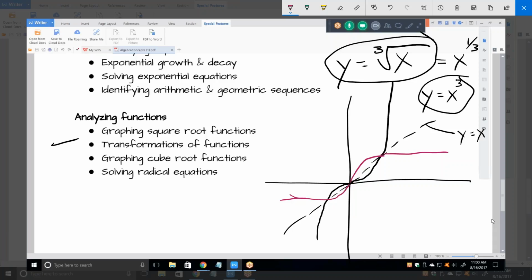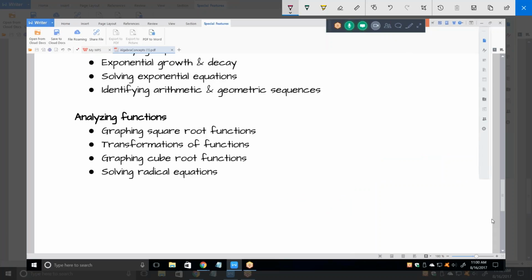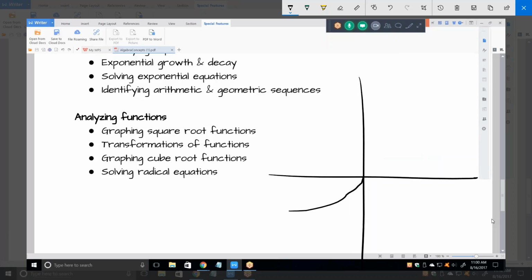And for some reason, I don't know why, my brain, I almost always have to draw the cube function and then reflect it in order to figure out what the cube root function is. Although that's silly now that I think about it, because all I need to do is this. That's the cube root function, which is a little different than the cube function. You really want to know how to do both.